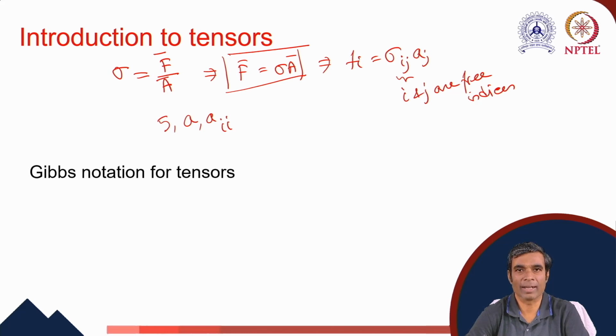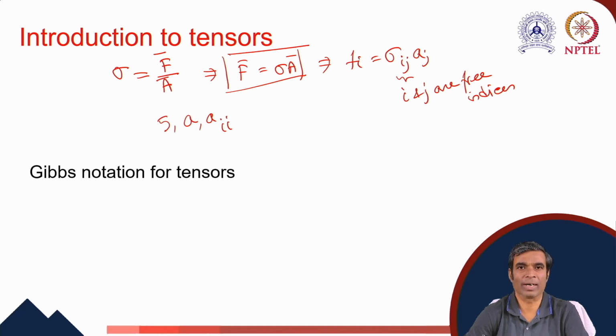Here i serves as a repeated index or a dummy index. Because of repetition, i is not considered a free index and aii is considered a scalar, not a second order tensor. So this should be very clear: if the indices are repeated, it gives a scalar quantity, and if free indices are present, we get a tensor quantity.